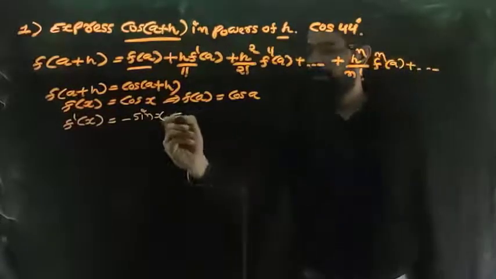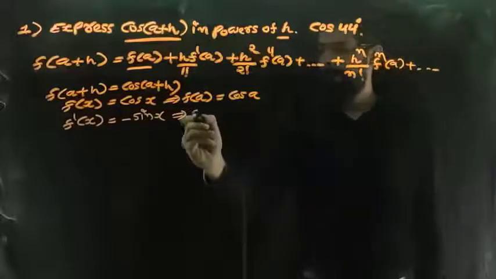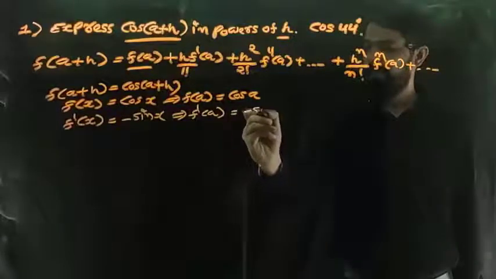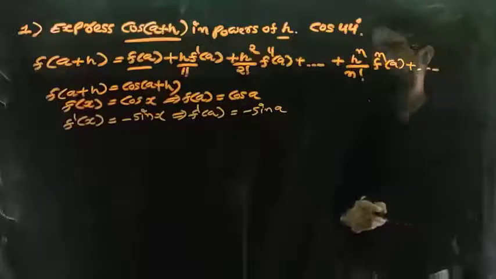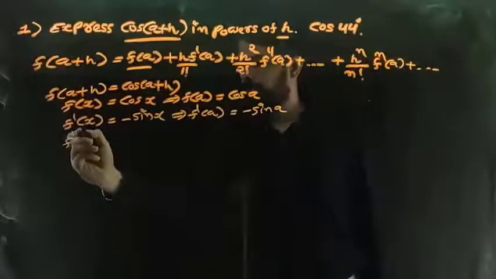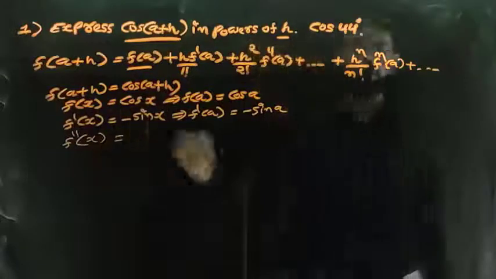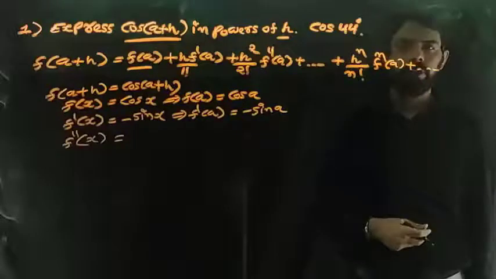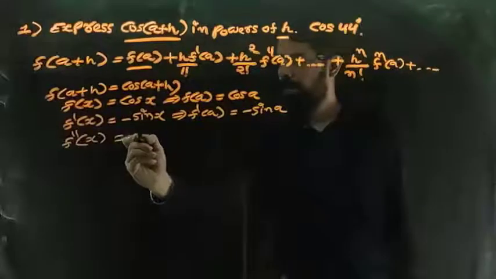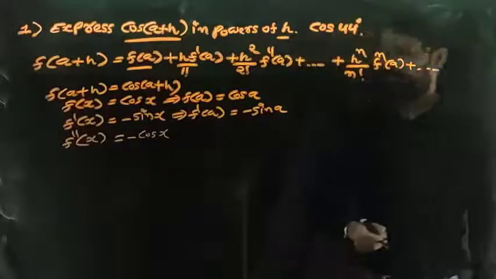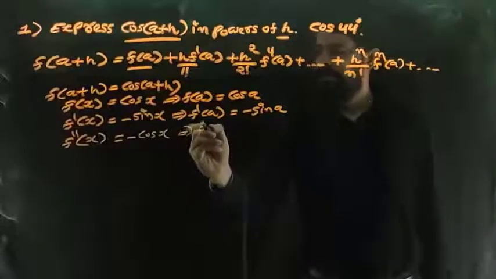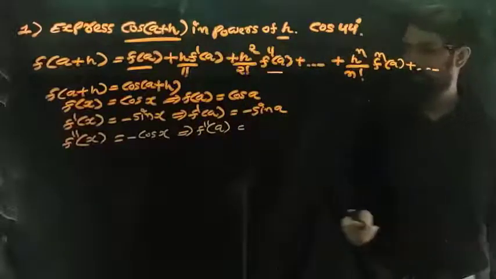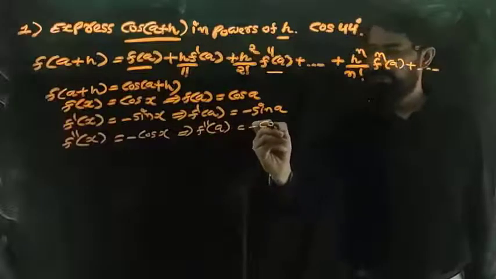Replacing x by a, it will be minus sin a. Now we have to find f''(a). For that, taking the derivative of f'(x) with respect to x, the derivative of sin x is cos x, so it will be minus cos x. Again replacing x by a, it will be minus cos a.